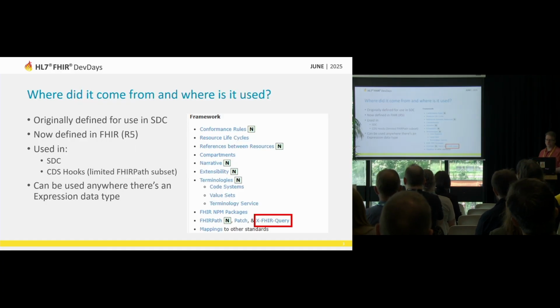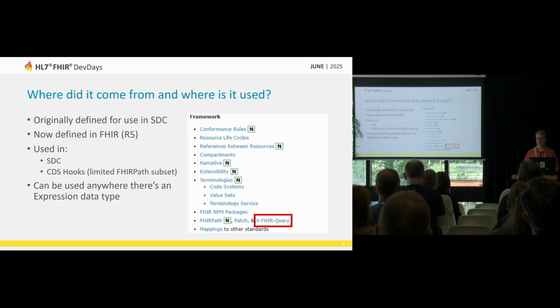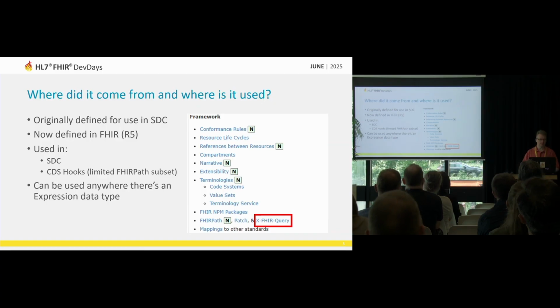So as mentioned, x-fhir-query was first developed by Structured Data Capture, which is an implementation guide focused on questionnaires. But we moved it into the core specification as part of R5 because there's nothing that is terribly questionnaire specific to it. It's just a mechanism for defining queries when you want to embed variables as part of the query.